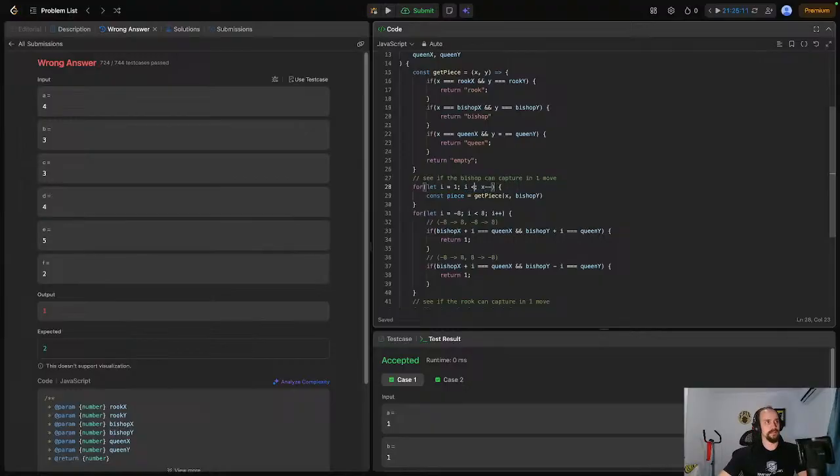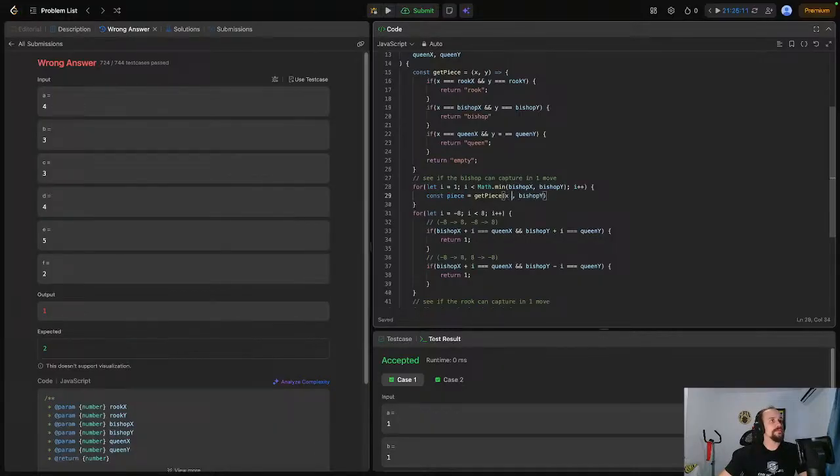While i is less than bishop x. Fine, let's call it x. But what if it's the y that's important? Basically, we don't want to go out of bounds. And we're going to call it y. i plus plus.